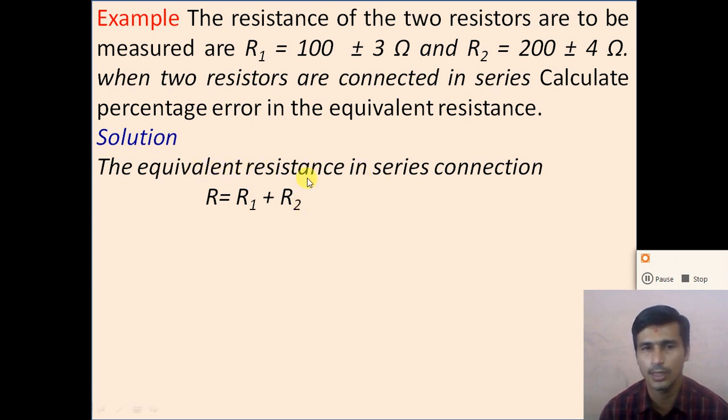So the equivalent resistance in the series connection is R equal to R1 plus R2. Put the values of R1 and R2 and calculate R: 100 plus 200, we get 300. The true value of the equivalent resistance is 300, and the absolute error in the equivalent resistance is the addition of the individual errors, 3 plus 4, we get 7.